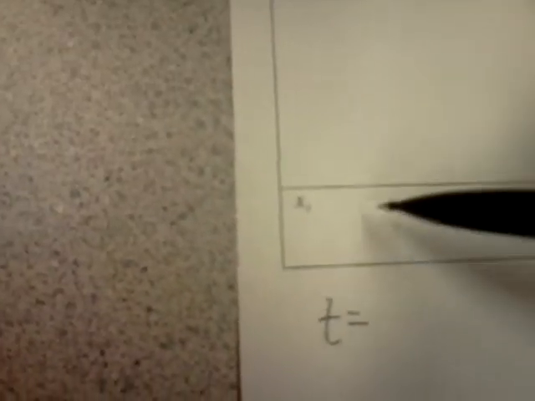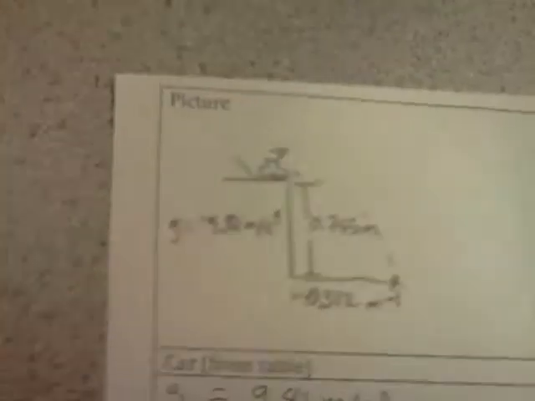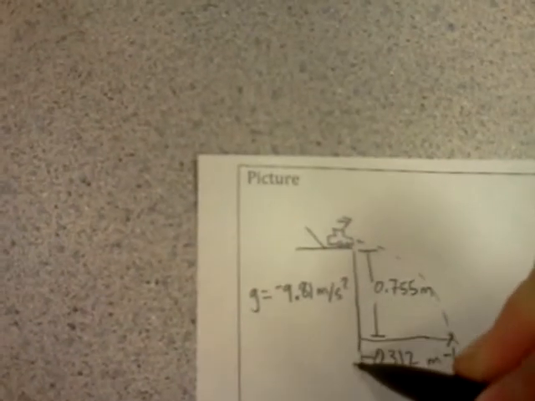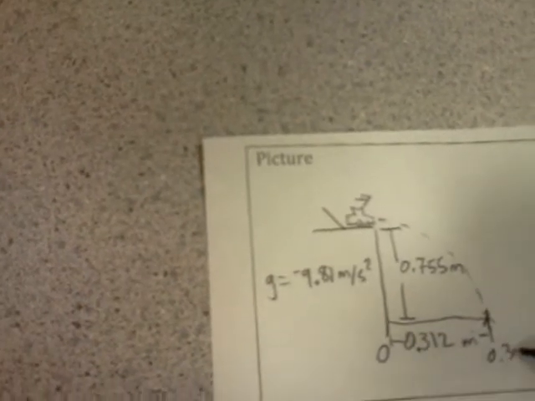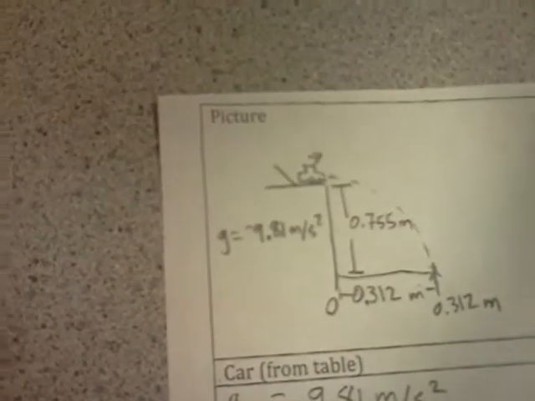My velocity in the X direction I have to calculate. My initial X position, I'm going to make 0 meters so that my life is easy. So if I make this 0 meters, then I know that my car is going to land at 0.312 meters.